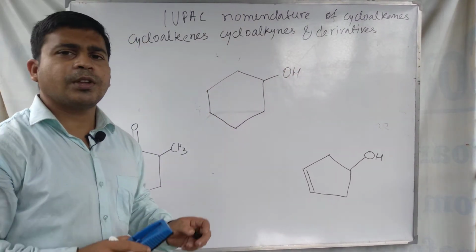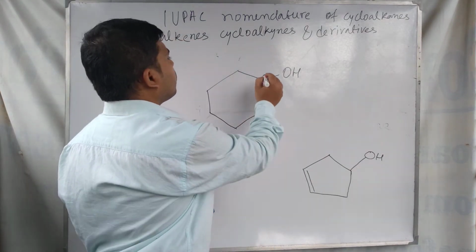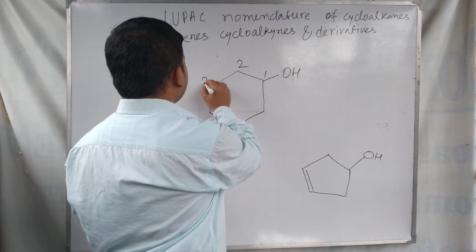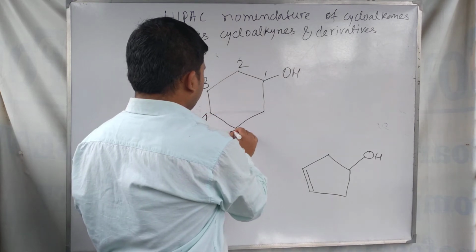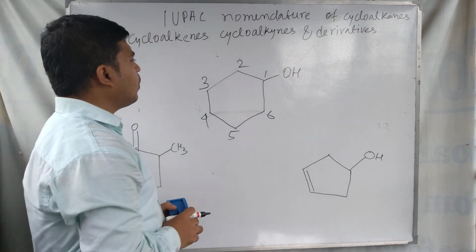This is a cyclic substituted compound, and the numbering is done like 3, 4, 5, 6. So it has 6 carbons, hex is the root word.